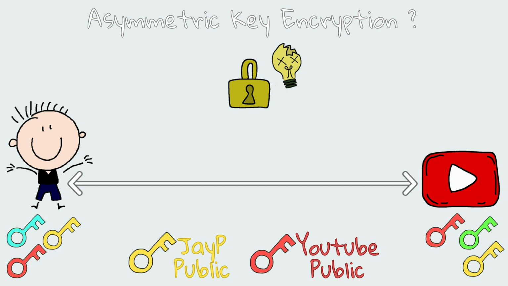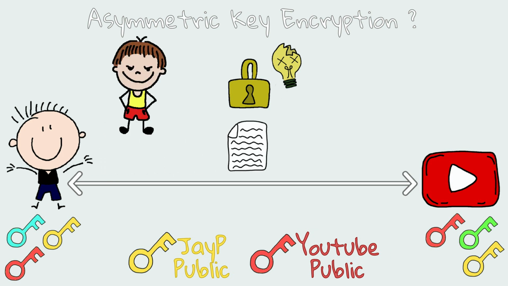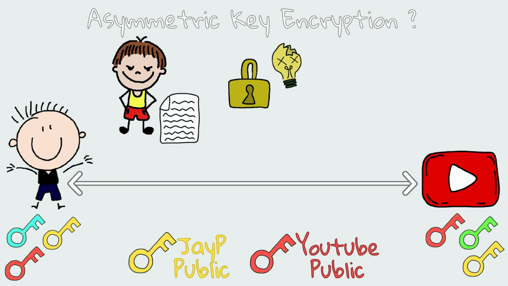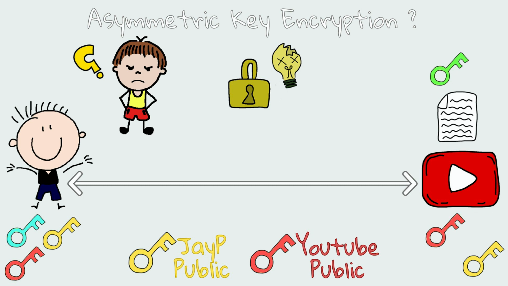And then, if JP wants to send a message to YouTube, he will encrypt the message using the public key of YouTube and send it to YouTube. In this case, it will not matter if a malicious shady intercepts the message because, well, only YouTube can decrypt the message and make sense of it using its secret private key.